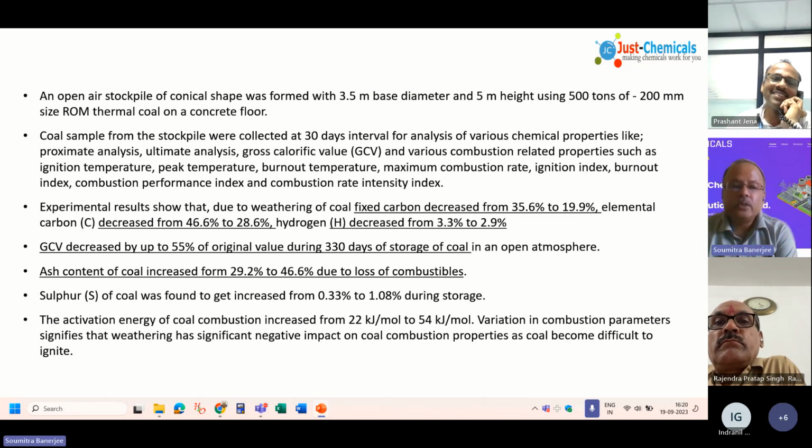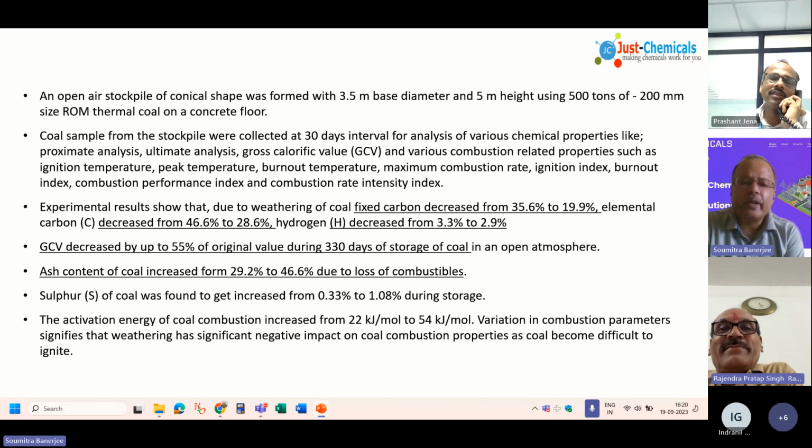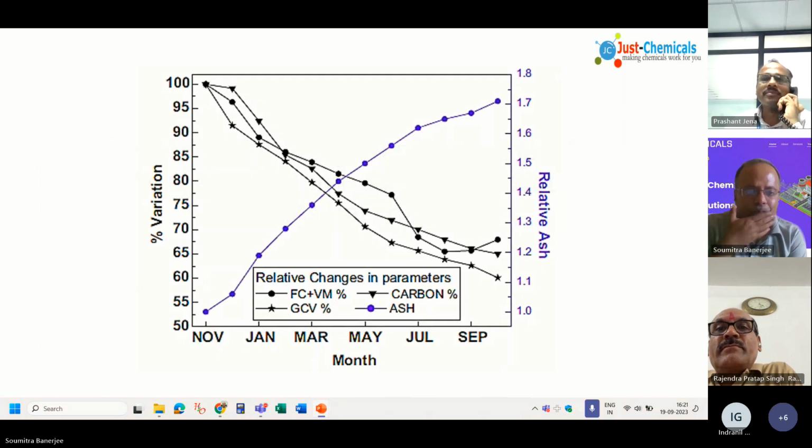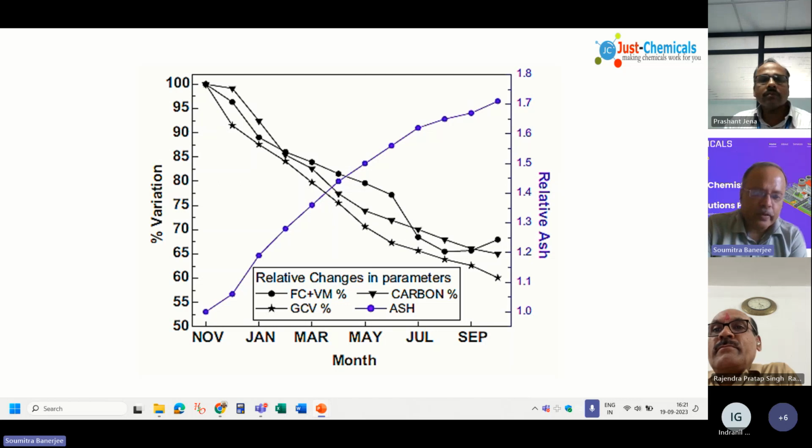Then GCV decreased by 55% during 330 days of storage. That is significant. And if you see the latest slide, this is almost linear. The drop in GCV is almost linear. Even if I make a trend line out of it, it will be linear only.